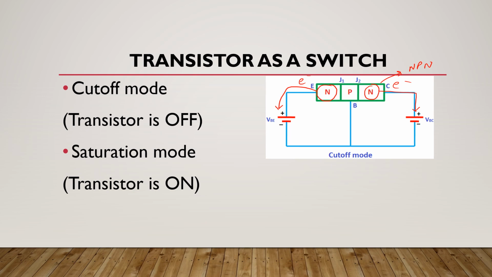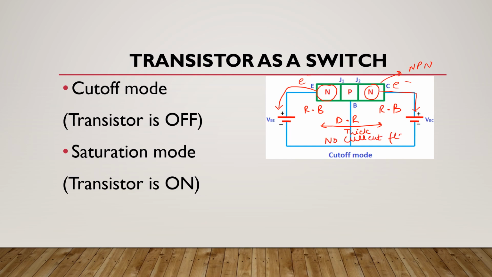So this junction will be reverse biased, and this one will also be reverse biased, and as a result of this attraction the depletion region will become thick and there will be no flow of current through the transistor, which will make this transistor off.